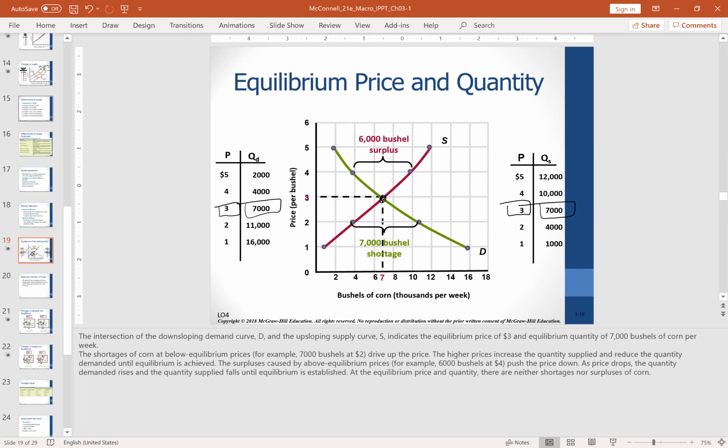Anything below the equilibrium price, like $2 or $1, quantity demanded will be greater than quantity supplied. We have a shortage. Anything above the equilibrium price, quantity supplied is greater than quantity demanded, and we have a surplus.